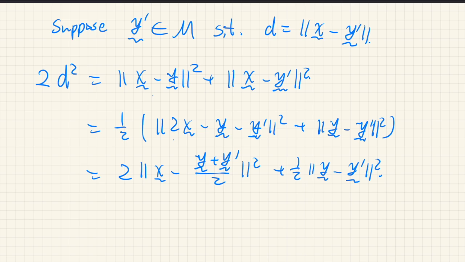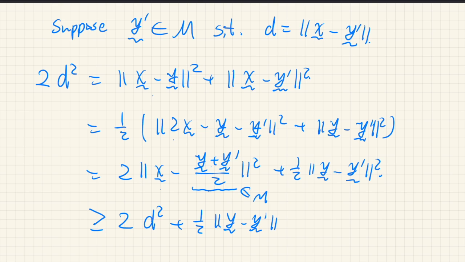And again, y plus y prime over 2 belongs to M. So the distance between x and this point is greater than or equal to d squared. So this is less than or equal to 2d squared plus 1 over 2 y minus y prime squared.